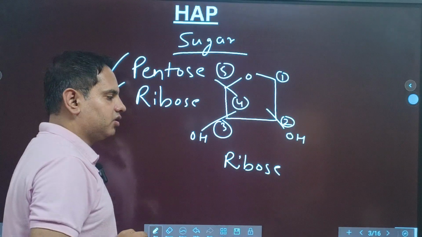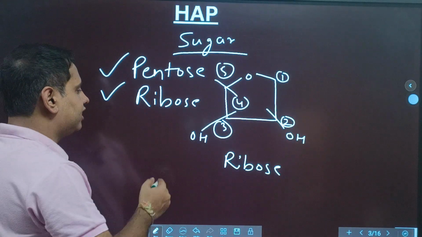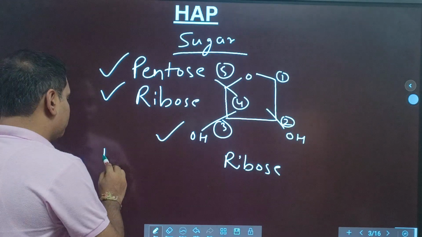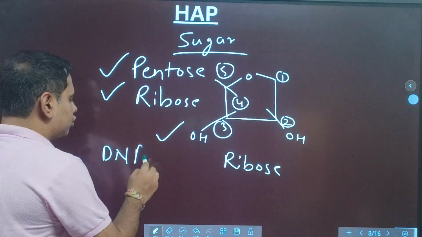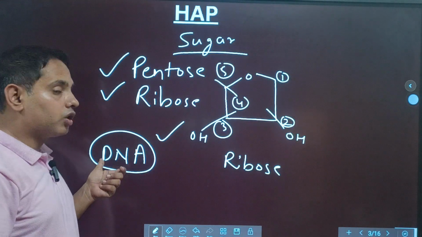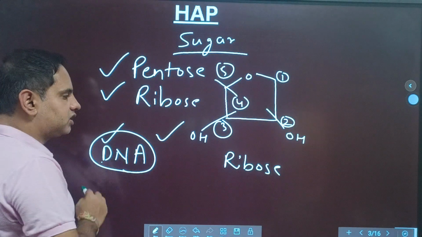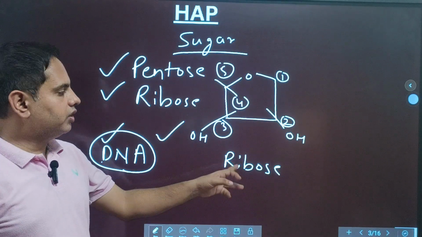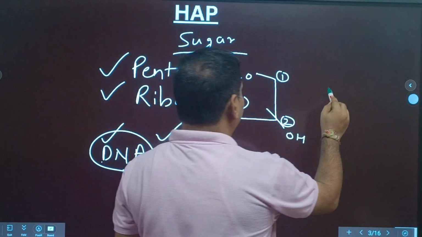So if you are synthesizing RNA, then this sugar is okay, right? You can use it. But if you are talking about DNA, in DNA का नाम क्या है? Deoxyribose. D is deoxyribose. So this is the ribose. This is not the deoxyribose. तो इसको deoxyribose कैसे होगी ये?